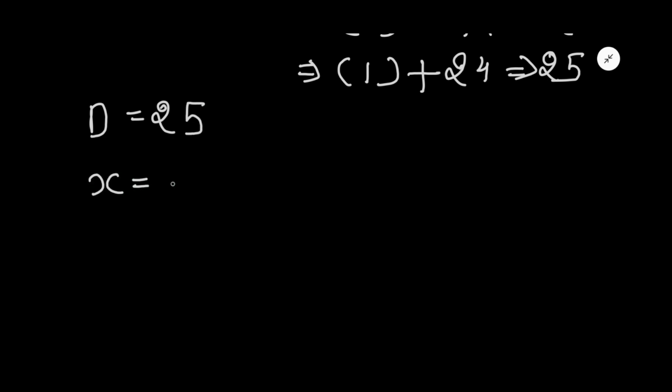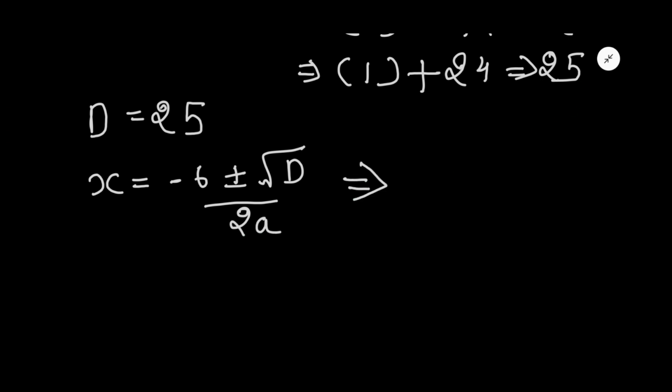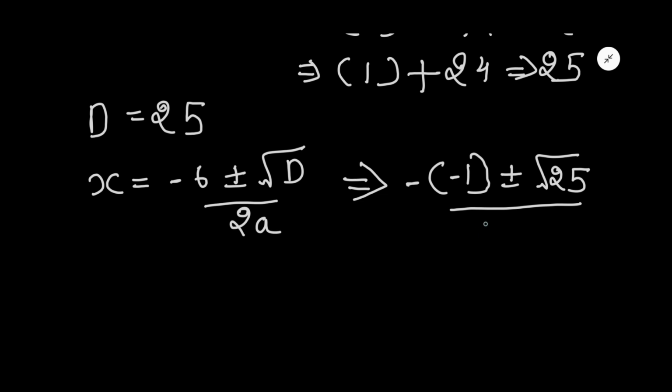So the formula is minus b plus minus under root D upon 2a. The value of b is minus 1, the value of D is 25, and the value of a is 3.